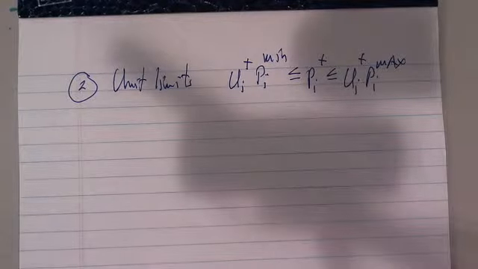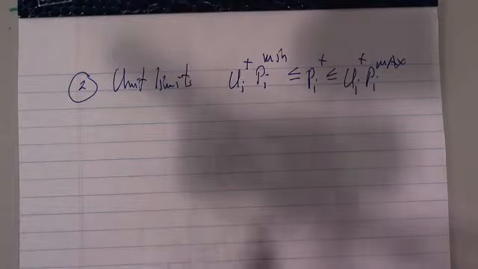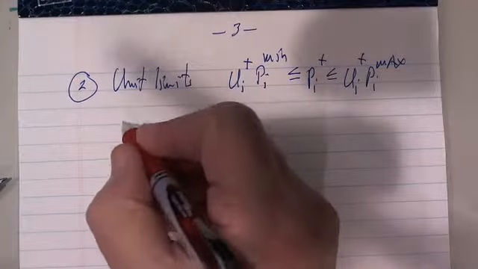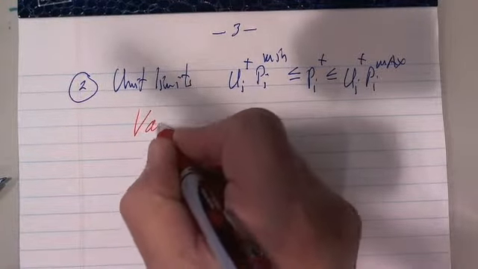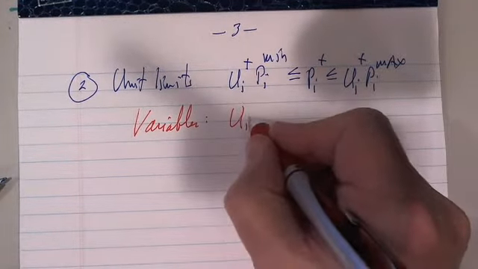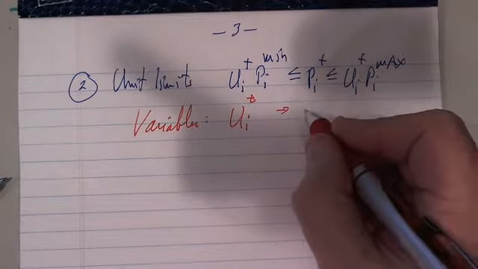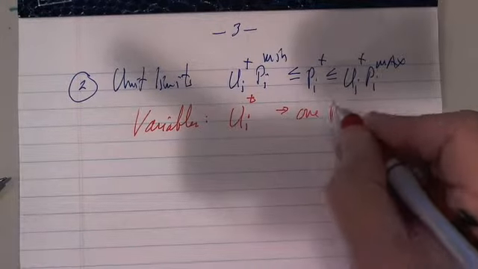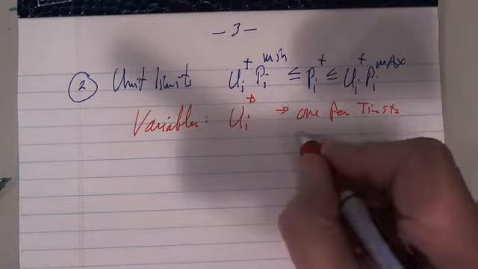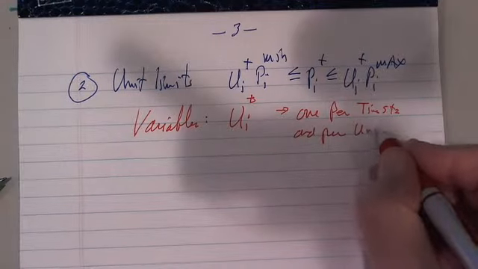So I want to emphasize variables. I'm going to put this in red here up at the top. I have Ui of T. There's 1 per time step and per generating unit.